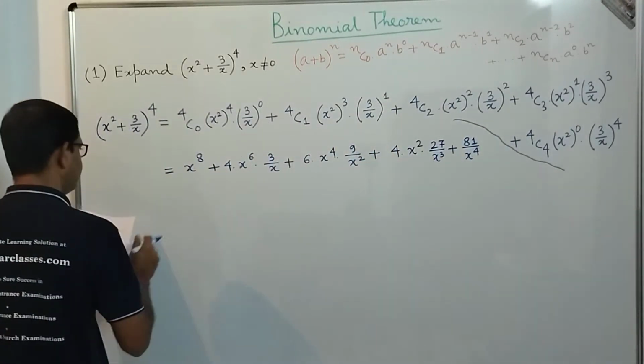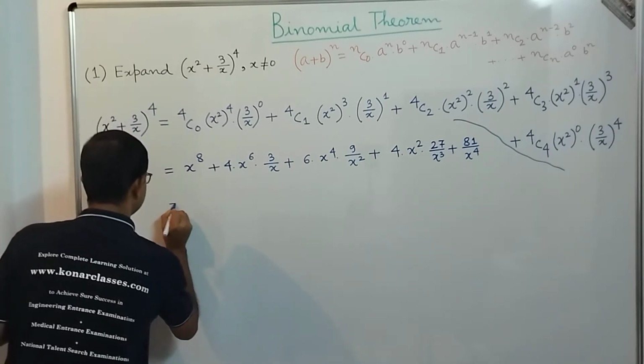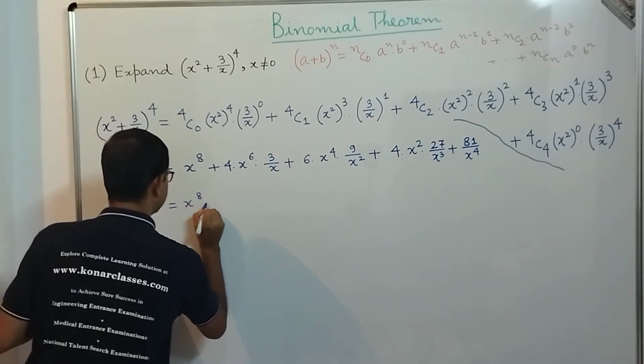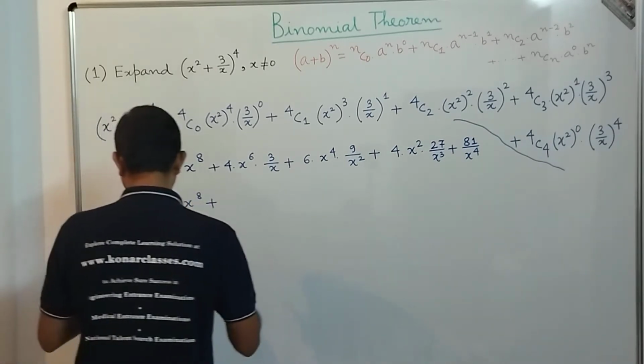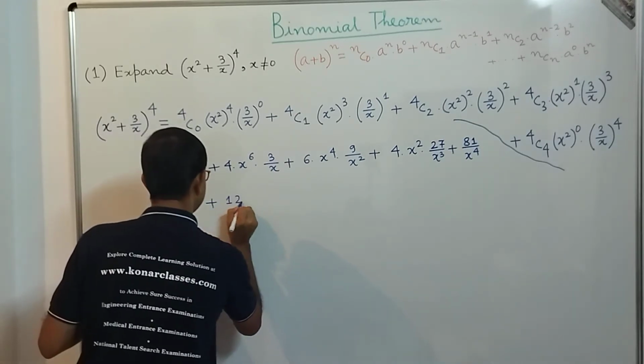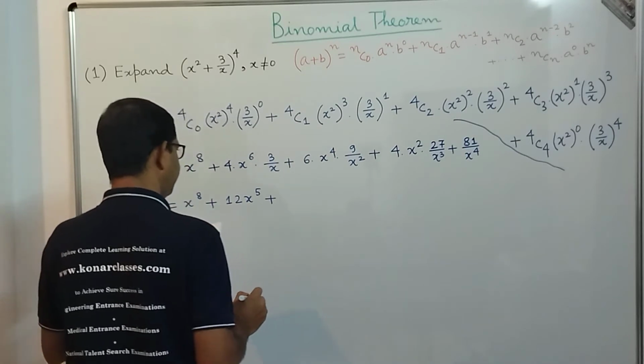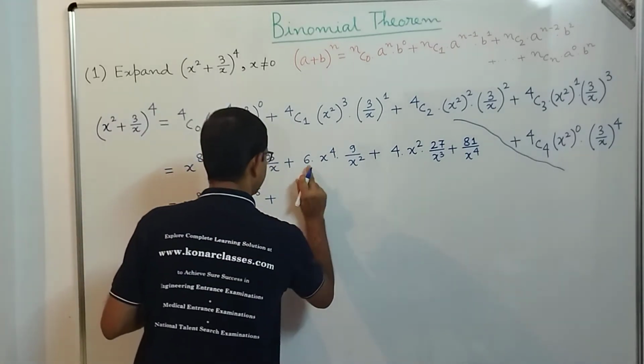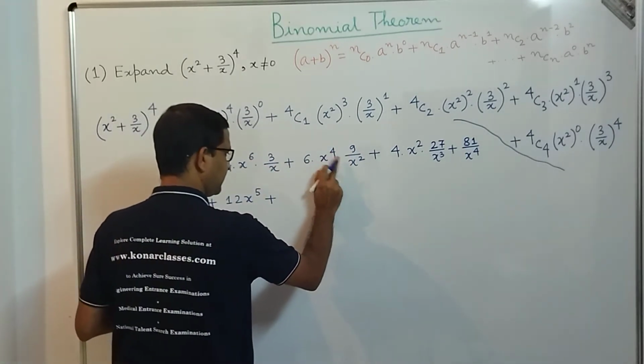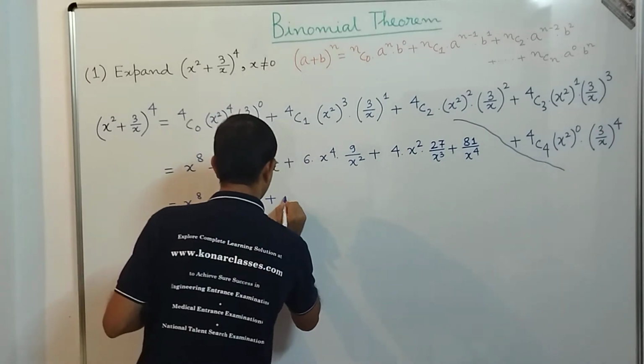Now if we simplify, then what we are going to get: this is equal to x to the power 8 plus 12x to the power 5 plus we get 54 into x square. 6 into 9 is 54, x to the power 4 by x square is x square.